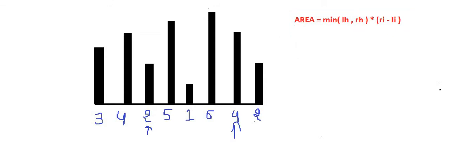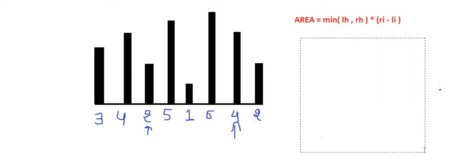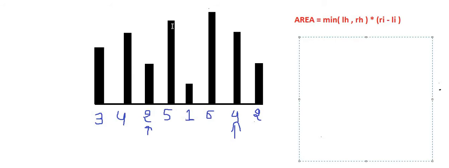So for this example, we will calculate our area like this. In the first case, the area will be the minimum of 3 and 2, so it will be 2 into 7, which is 14.